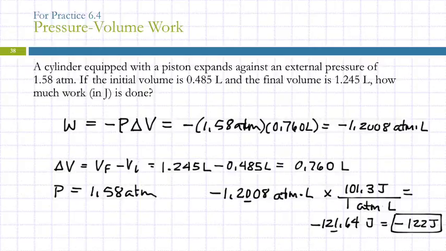The words are giving the direction. So here where it says how much work in joules is done, it's probably looking for just 122 joules. When you do the math, it comes up -122 because this is the amount of work for the system. The negative tells us that the system did work on the surroundings.